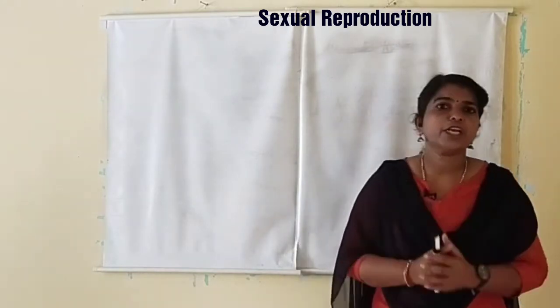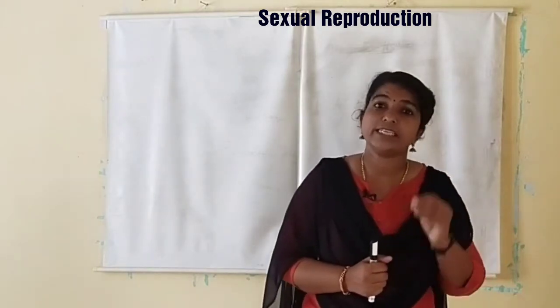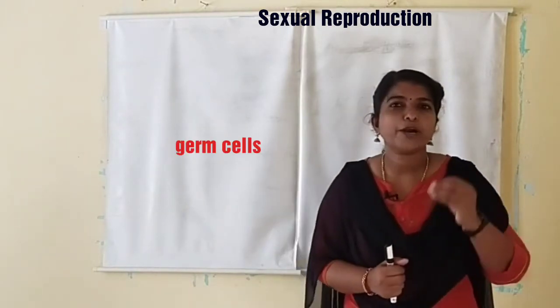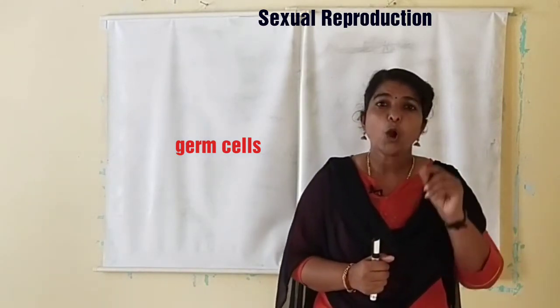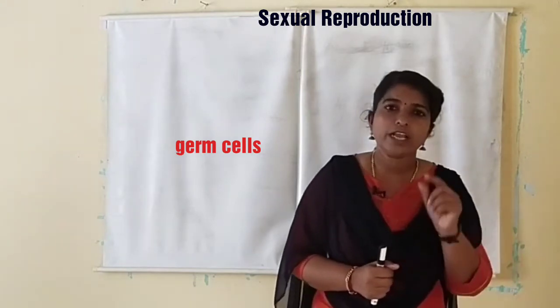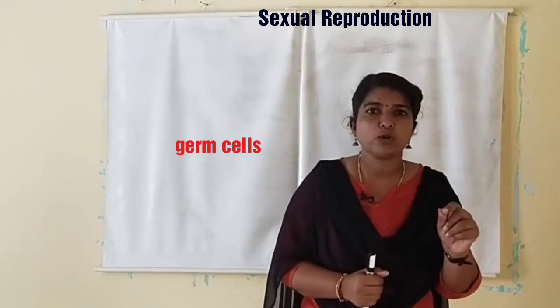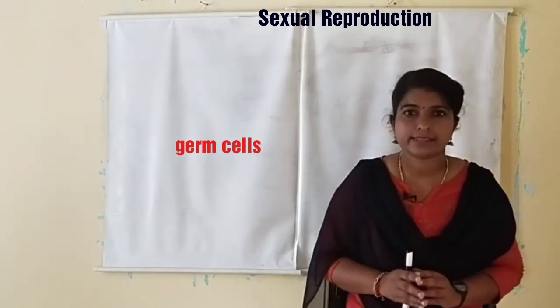Here in multicellular organisms, there are special cells called germ cells, reproductive cells. These reproductive cells contain only half the amount of DNA, only half the number of chromosomes, compared to the non-reproductive body cells.